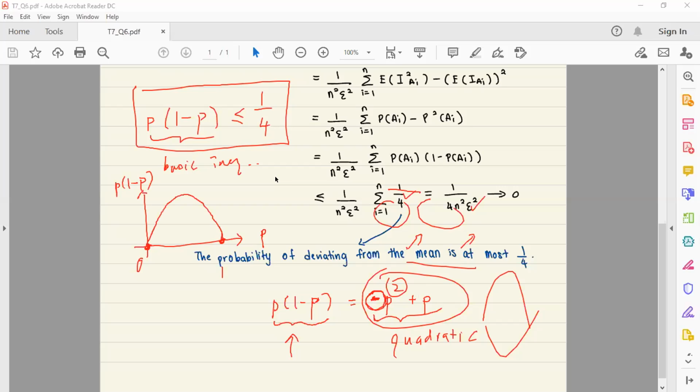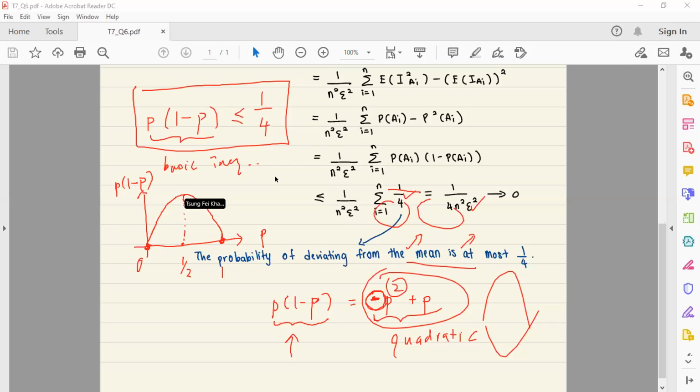Your quadratic function is symmetric around its maximum point. You know that the roots are 0 and 1 and it is symmetric around the maximum point. So the maximum point has got to be at 1/2, correct? Because other points it cannot be symmetric, because your roots are 0 and 1. So this implies that its maximum has to occur at p equals 1/2.